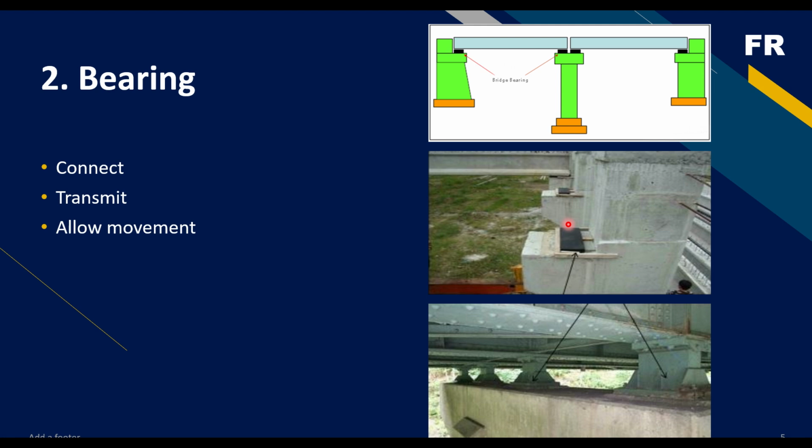So these are the main purposes of the bearing. In terms of a steel bridge, this is how your bearing is going to look like. The second image is showing an elastomeric bearing. The last image below shows how the bearing looks for a steel bridge. So the main purpose of the bearing, to recap, is to connect, to transmit load, and also to allow some translational and rotational movement.